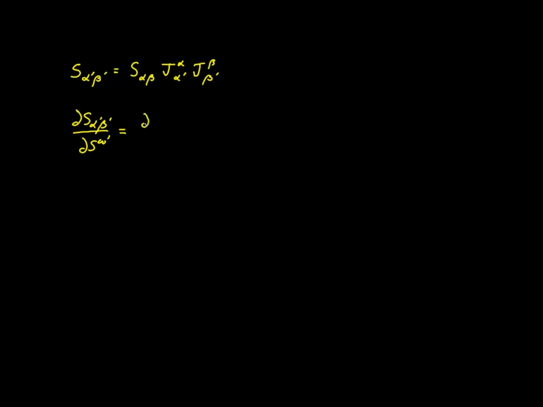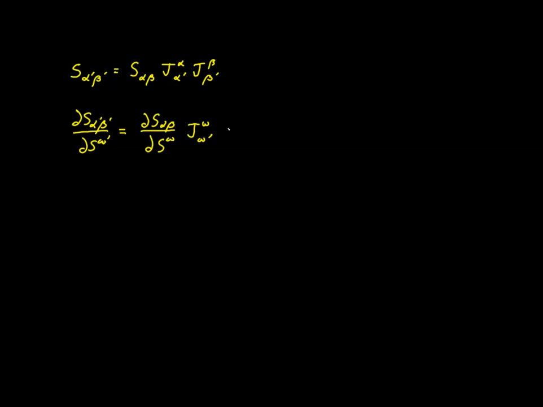So that's the partial of S alpha beta with respect to omega prime, but I'll really take the partial with respect to S omega and add a Jacobian factor of J omega omega prime. So this is really just an application of the chain rule to this term, because we want to express this partial derivative in terms of the unprimed system here. We've done this several times before.